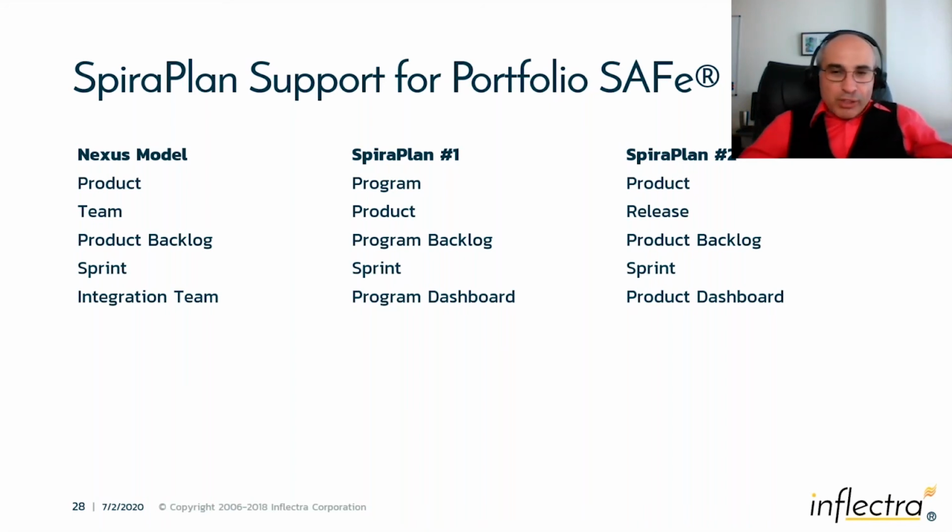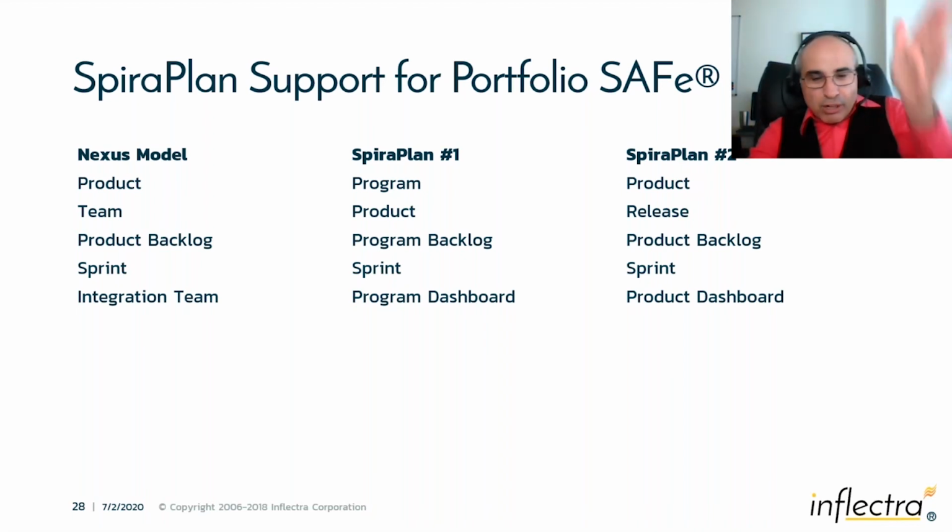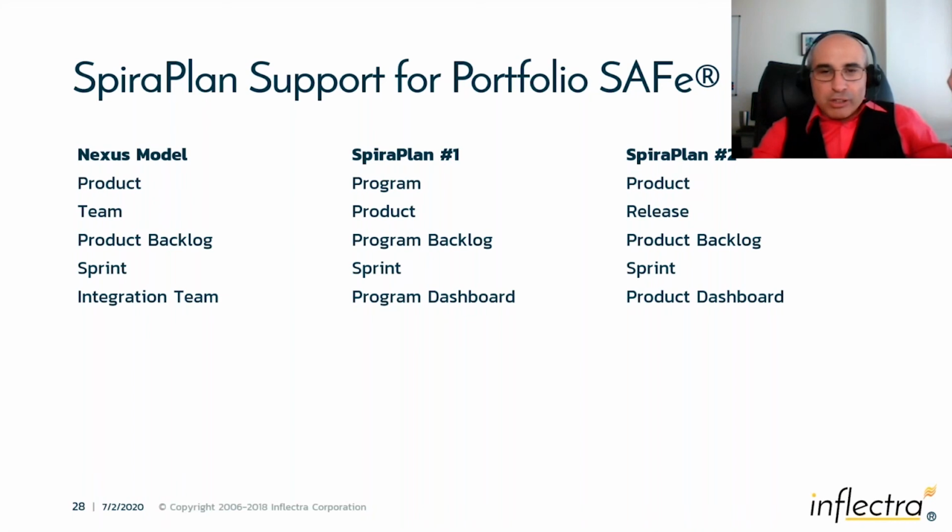It depends a little bit on the permissions you need, the sharing of artifacts you need, and some of the ways you're using it. We have a white paper on our website with a more detailed description of the two approaches and when you should use which one. I won't go into it right now, but there's lots of information on our website to help you make that choice. But we do support Nexus both at the product level or the program level, depending on your needs and what's most appropriate for you.